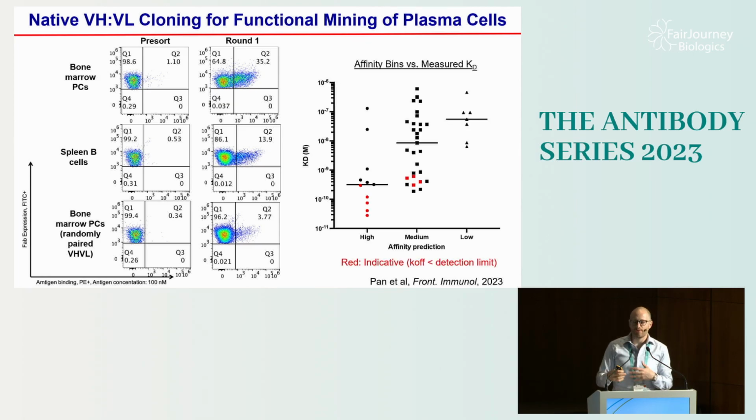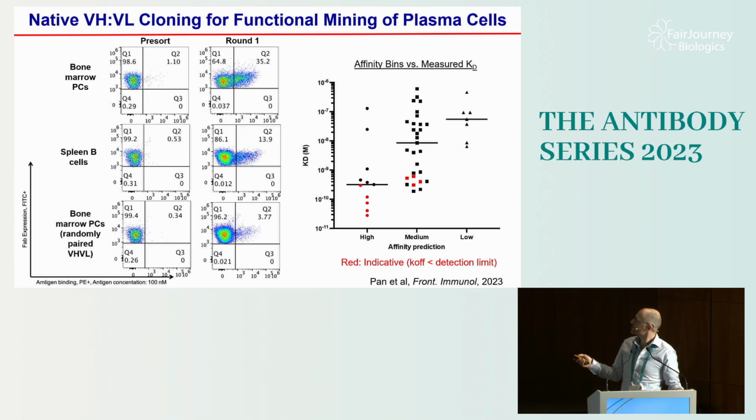So we've been exploring different ways to map, at a coarse-grained level, the affinity of these populations. For example, taking plasma cell populations and cloning them, screening them, and mapping for affinity. And as you can see, on average, it works pretty well. It could use some improvement, obviously, refining the algorithms based on these data: how can you really mine yeast display data to get better affinity predictions even before you've made a soluble molecule?